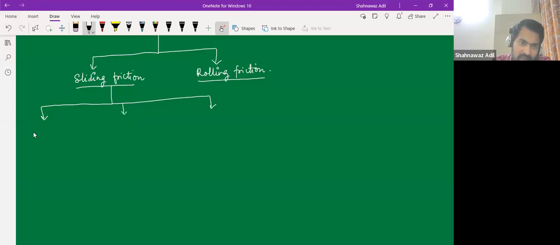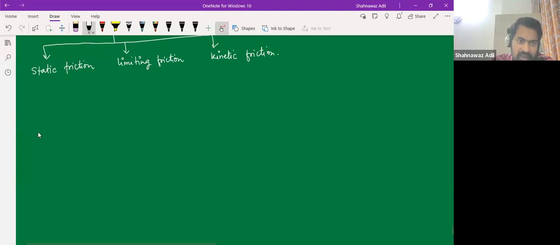One is static friction, then we have limiting friction, and then we have kinetic friction. As the name suggests, I gave the example of Arcade moving a sofa.